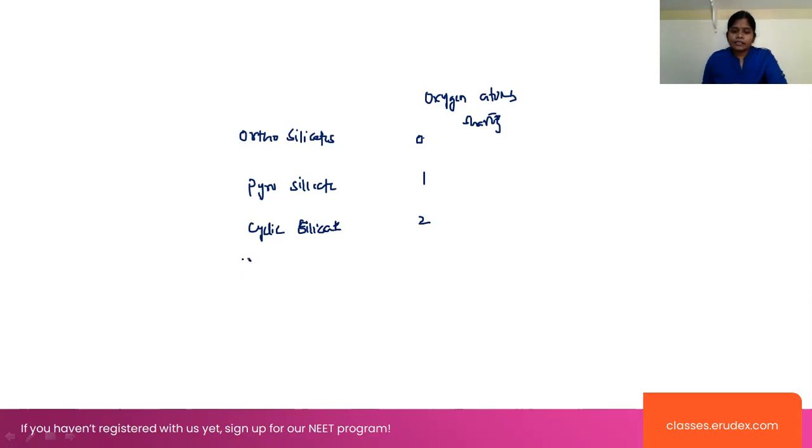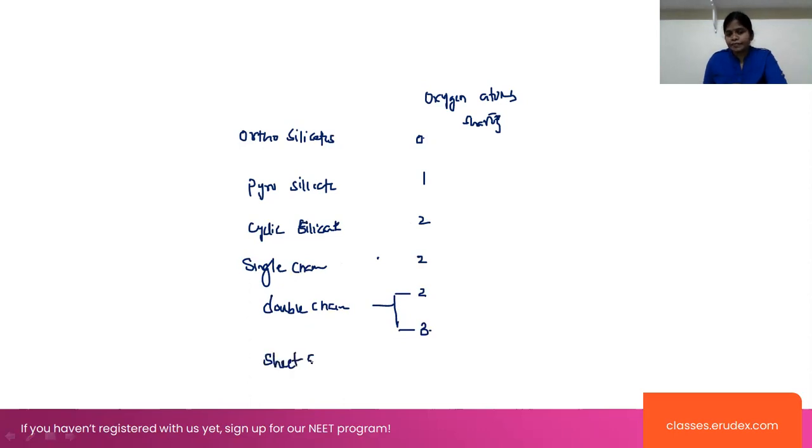Now coming to the single chain. In this case of single chain, 2 oxygen atoms are sharing. Coming to the double chain, we have 2 units, one is sharing 2 oxygen atoms and another one is sharing 3. Now coming to the next one, sheet silicates. In this case, 3 oxygen atoms are sharing.